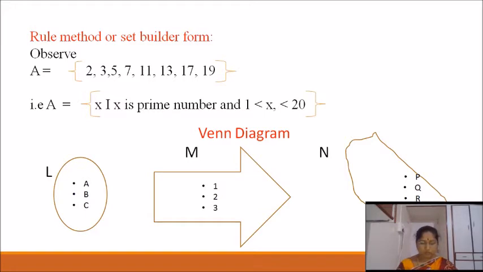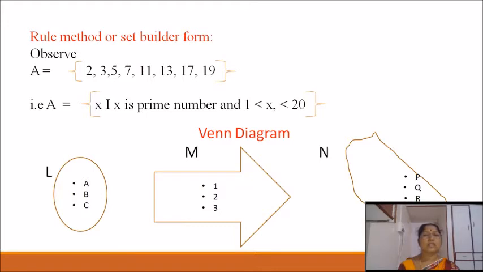There is one more method of denoting a set known as the Venn diagram. It was invented by John Venn, therefore the name Venn diagram. Here the sets are denoted by closed figures and the elements of the set are denoted by dots.